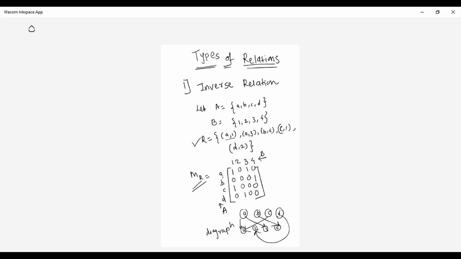Okay, let us move to types of relation, that is the inverse relation. I'll change the page, students. So the first type we are going to check is the inverse relation.